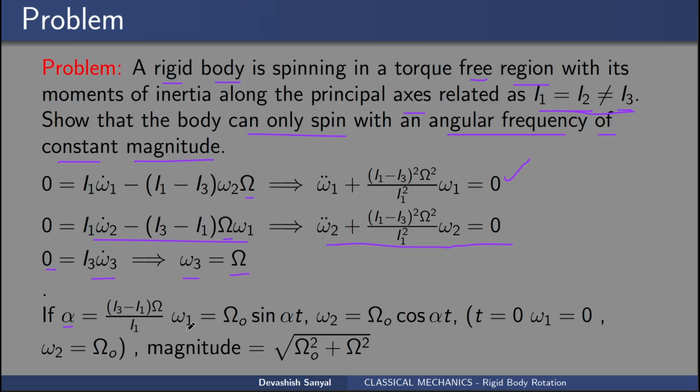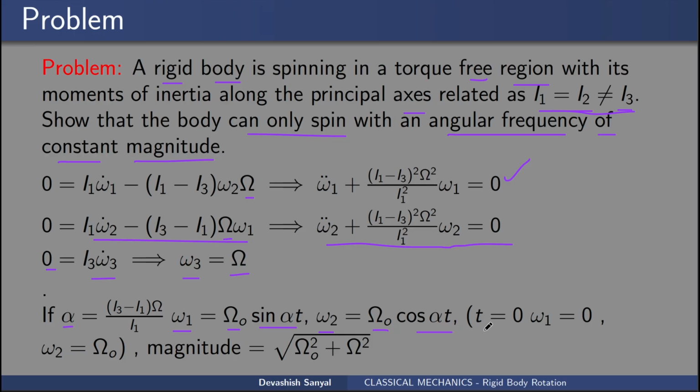I can write my solution for omega 1 as omega naught sine alpha t, and the solution for omega 2 is omega naught cos alpha t.